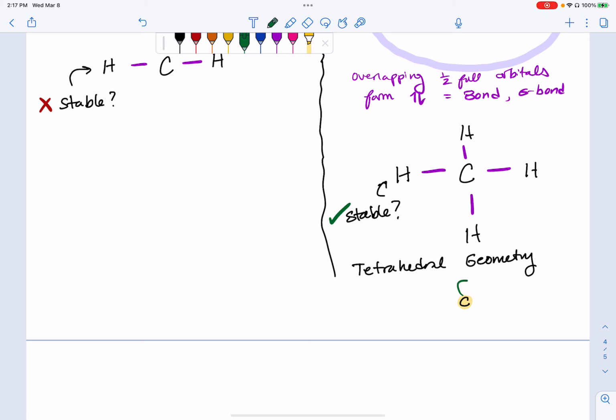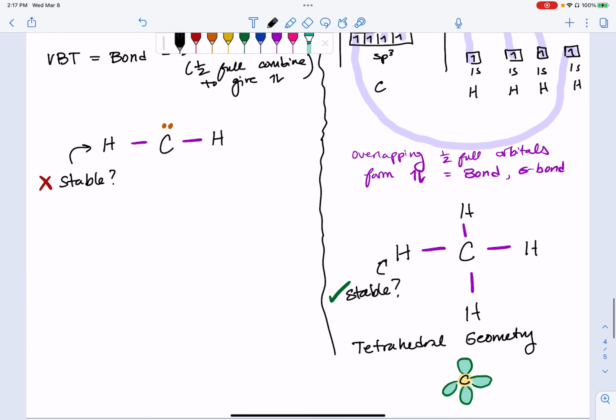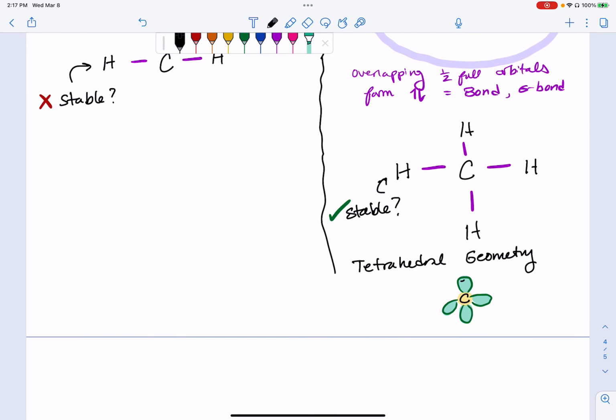And then I would have its 4 sp3 hybridized atomic orbitals organized in their tetrahedral manner. And if I'm going based off my orbital box diagram, each of these contains 1 lone electron, making 4 total electrons in those sp3 orbitals.